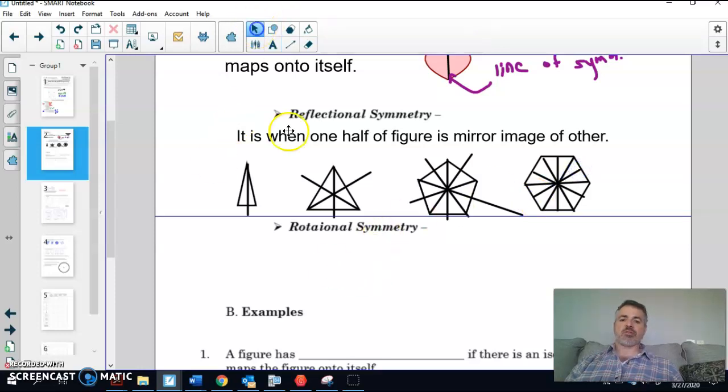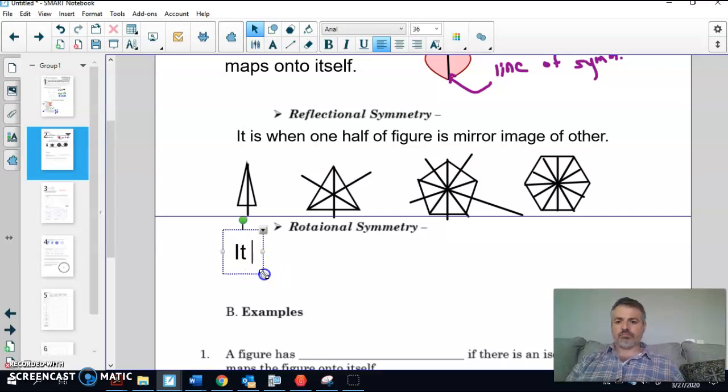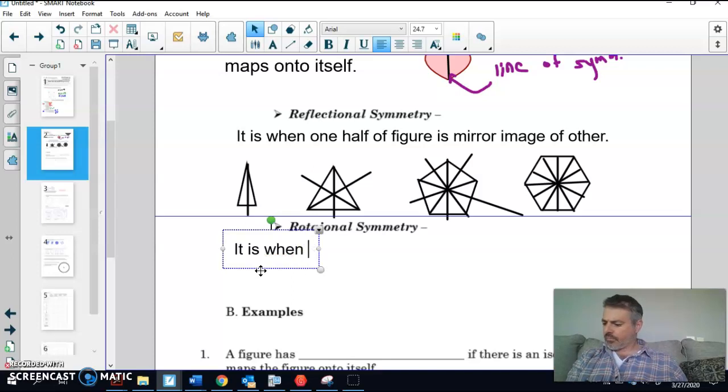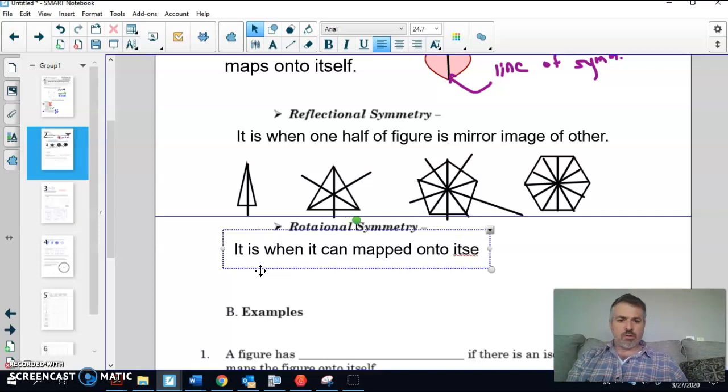Then there's another type of symmetry. That is rotational symmetry. It is when it can be mapped onto itself by rotating the image.